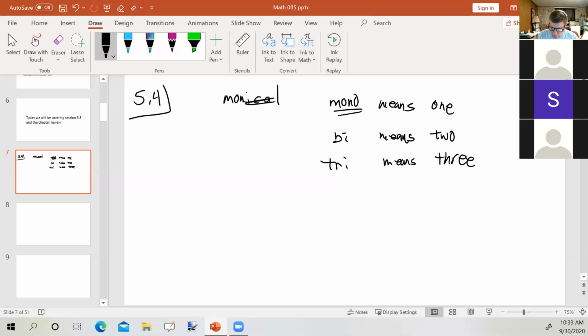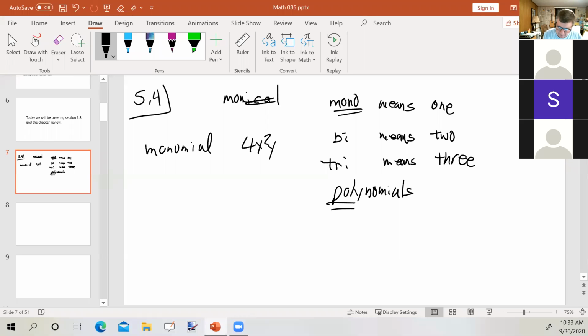All right, so when we're talking about algebra, terms, expressions, whatever, we call them polynomials. Poly means many. We can have a monomial that has 1 term, like 4x squared y.